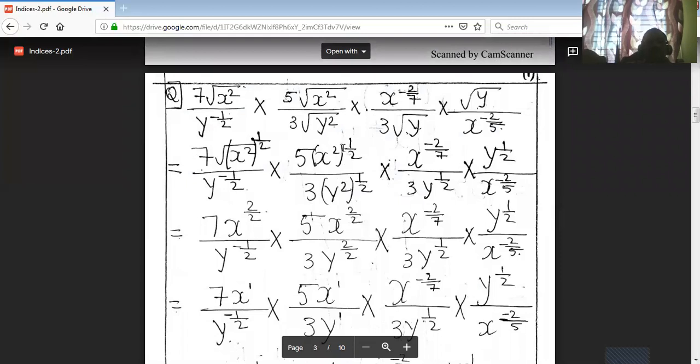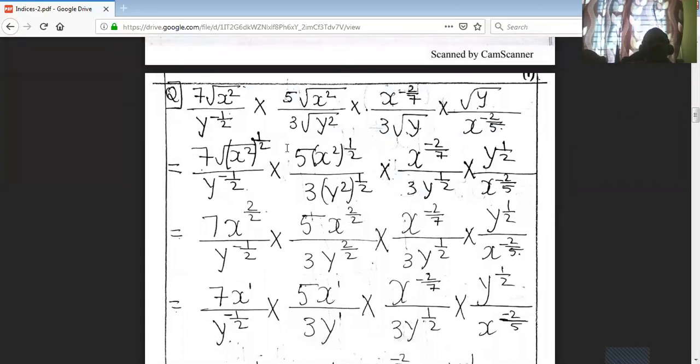This is a problem taken from your previous question paper.